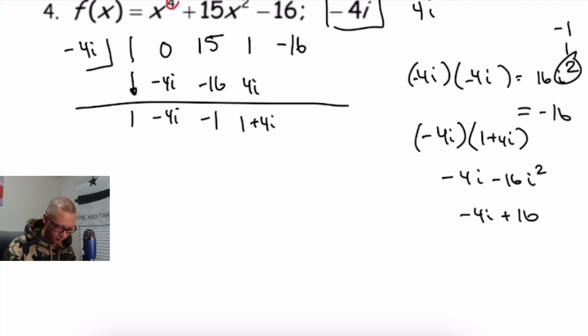Okay, so 4th degree. So x to the 4th. x cubed is missing, so we got 0. Oh, I see why. You probably saw it already. This should be 0. This should be a 0.